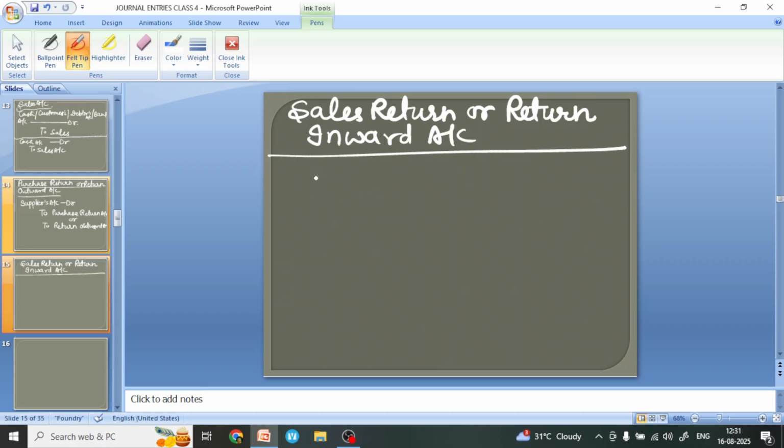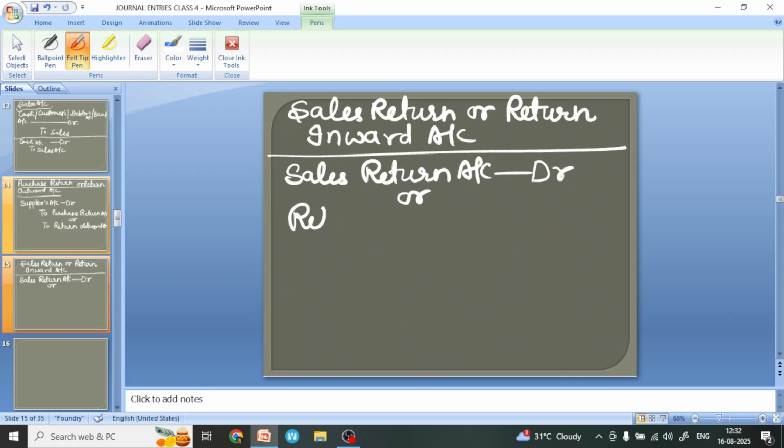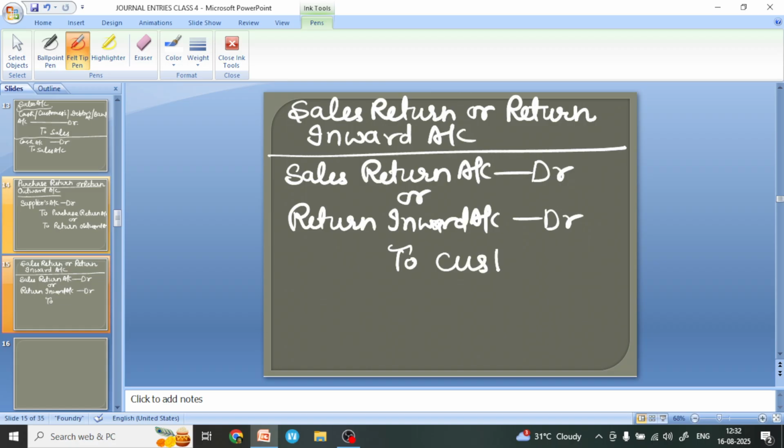In this case, sales return account debit, or return inward account debit, to customers account. Whoever returned, that person's name will be written here.